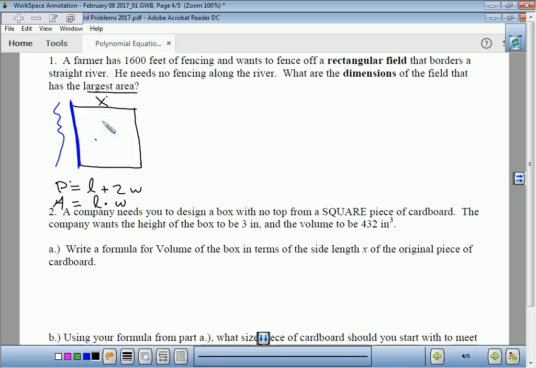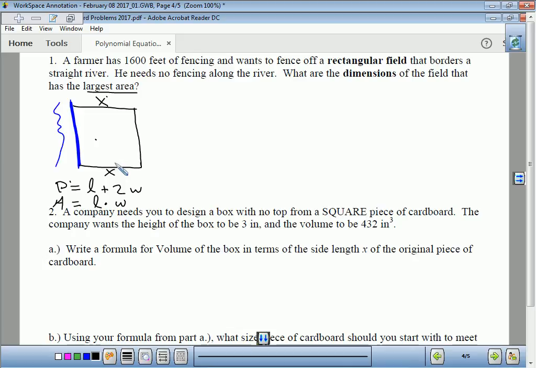What's the other width? X. It's a rectangle, so opposite sides are congruent. Yeah, because we don't have 4 sides, we just have 3.